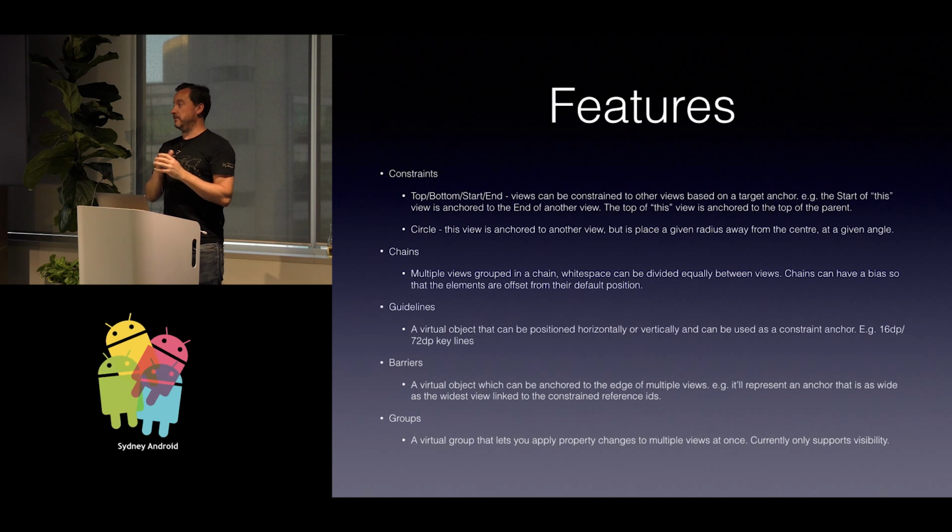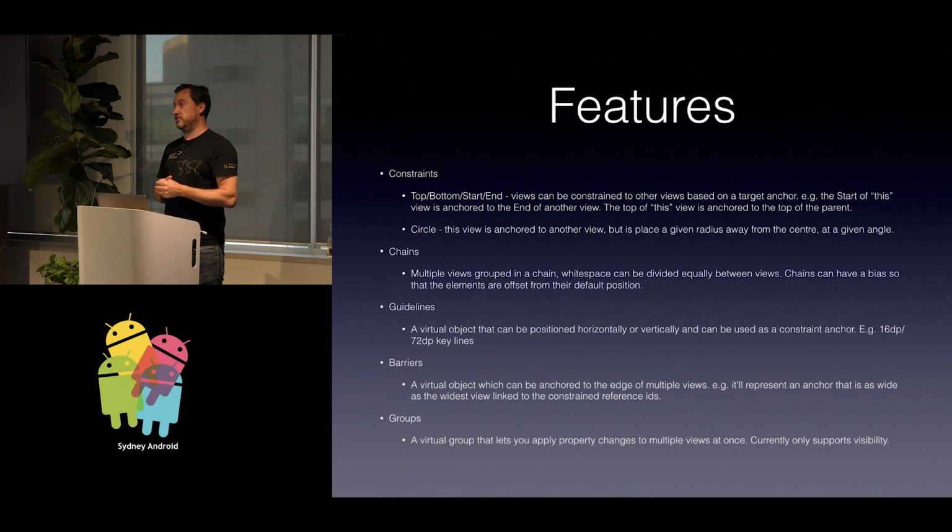So you can have a barrier that says, always be on the outside of those 4 views, and it doesn't matter which of those 4 views is the widest, the barrier will move to be at the widest point. So as they change in size, that barrier always moves, and then you can constrain other views on the other side of the barrier. A good example would be if you change from English to German. Some words get really short in German and really long. If you've got language changes, you don't want to constrain just to one view. You want to make sure that all the views don't overlap. And I've got a slide that shows that later on as well.